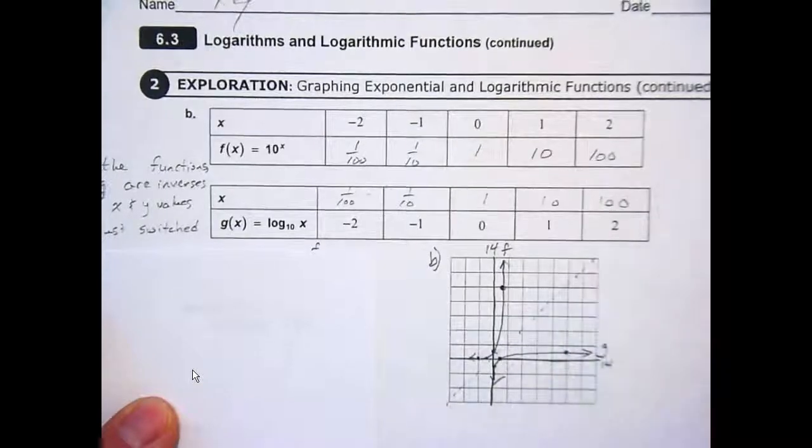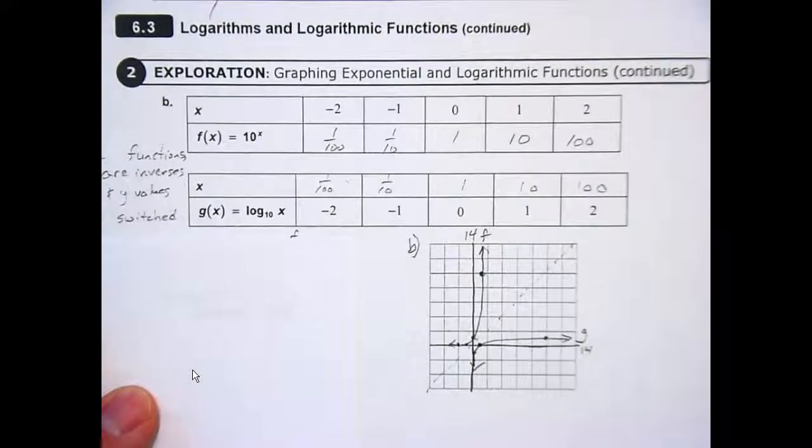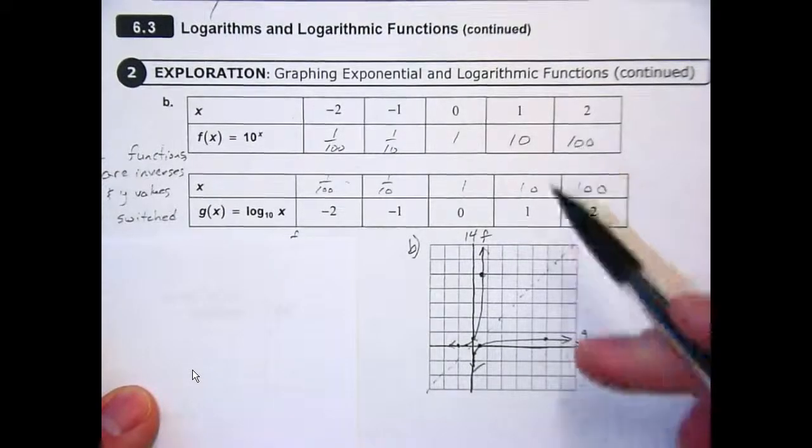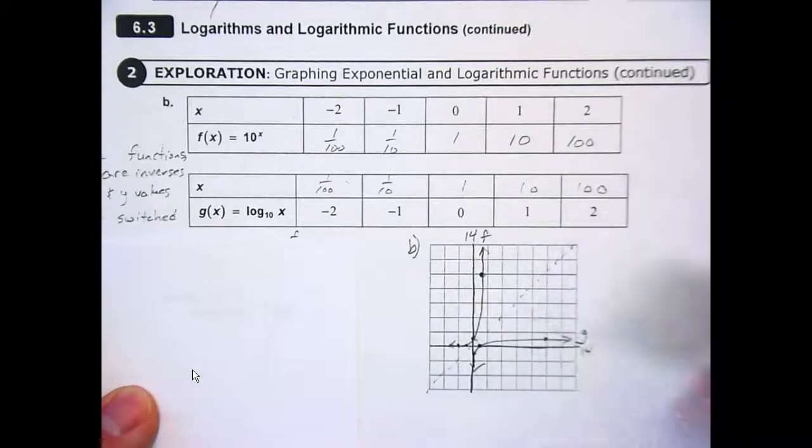One way to graph a log function, and I'll show you another way, is to graph its inverse. So find the inverse, and then reflect it over the line y equals x. That would be one way. Yeah?